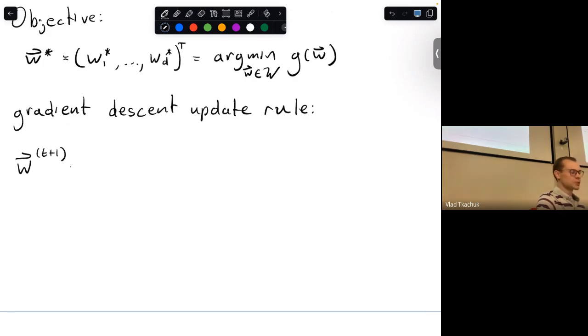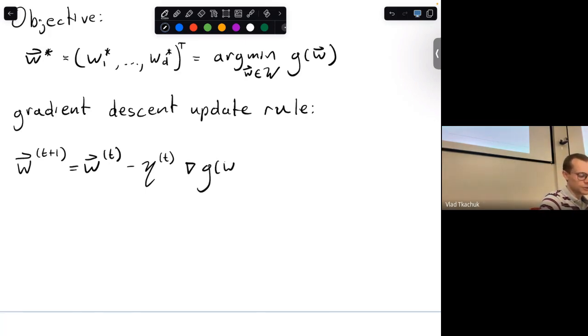So it's the exact same rule as before. The t plus 1 weight value is equal to the t value minus the step size, and here we think of the step size as a number times a vector. That vector is now the gradient. Now we really have this full gradient interpretation. Here's the gradient, and here's the minus the gradient.